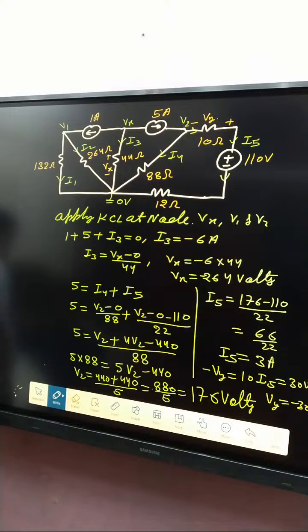Clear or not? So finally we got Vy equal to minus 30 volt.